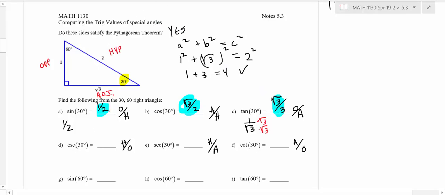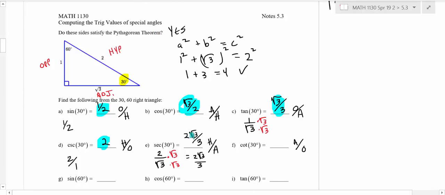So the cosecant is hypotenuse over opposite. 2 over 1 would just give 2. Okay, secant is going to be hypotenuse over adjacent. So that's 2 over square root of 3. Or you can just do the reciprocal, and then you would rationalize the denominator on this also. So that would give 2 root 3 over 3.